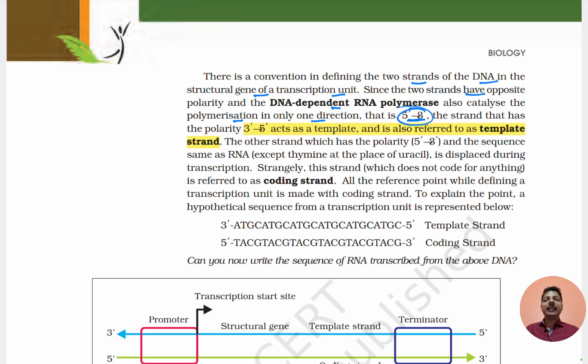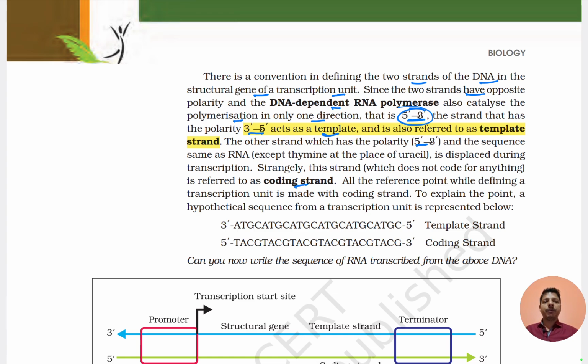Remember, the strand with the polarity 3' to 5' acts as the template strand. The other strand, with the polarity 5' to 3', has the same sequence as the RNA except thymine in place of uracil, is displaced during transcription, and is referred to as the coding strand.